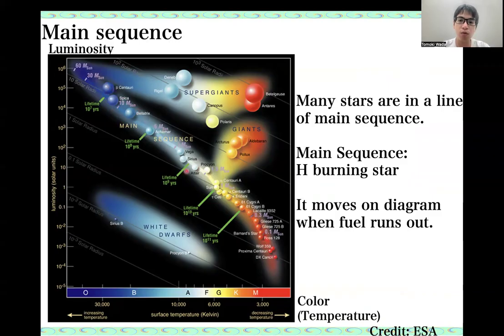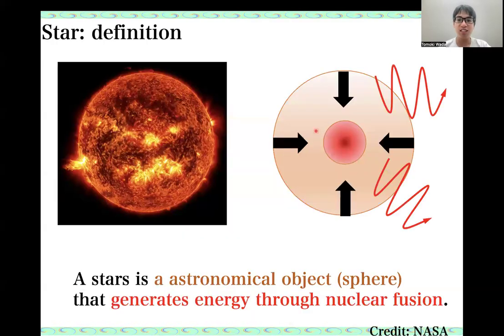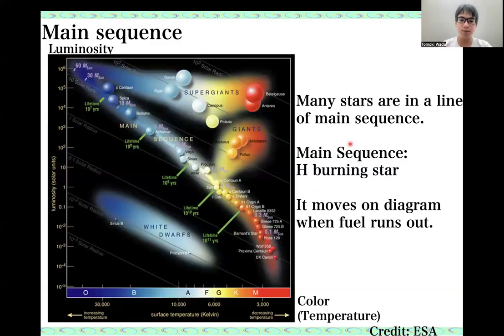This line is called the main sequence. And from a theoretical point of view, we know that these main sequence stars are hydrogen burning stars. So at the center of a star, hydrogen is burned, 4 hydrogen makes 1 helium atom, and energy is emitted through these nuclear reactions in this part.